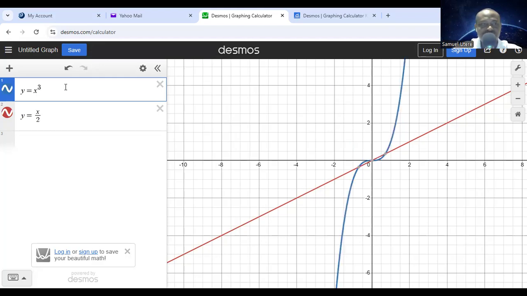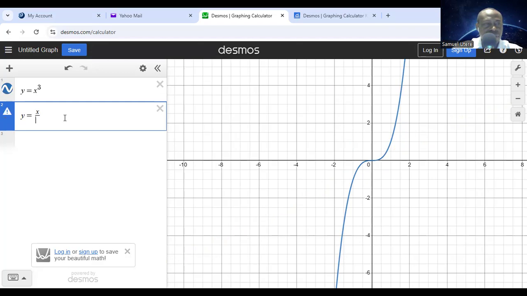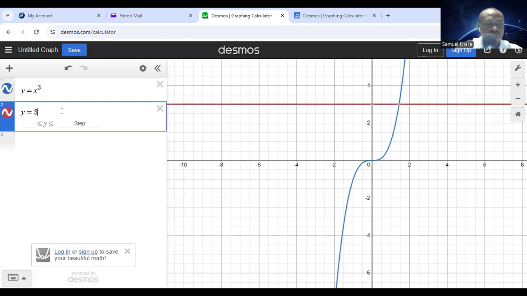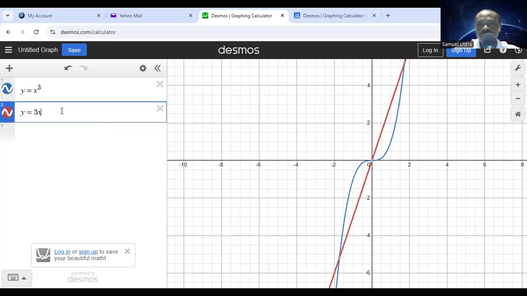Wow, that's an interesting graph. That's cool, right? And then let's put 3x. Let's move this there to delete the others. Let's move our up arrow key.